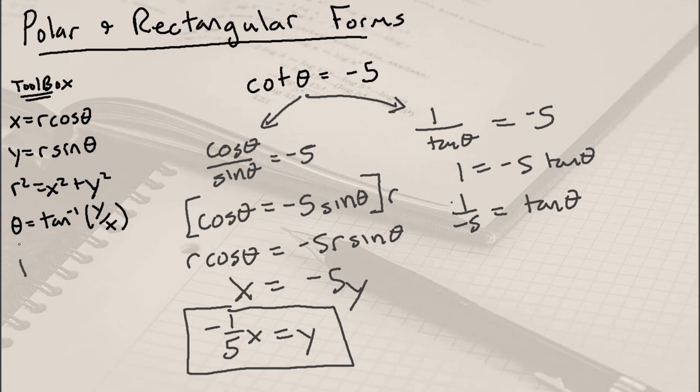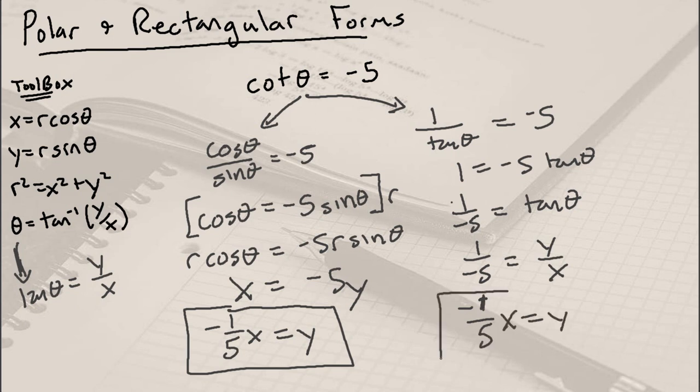And we know using this that tangent is going to equal y over x, tangent of our angle. And now I multiply both sides by x, and we get the same answer. So multiple ways to get the same thing on that one. All right, that wraps up switching to and from polar and rectangular forms of equations.